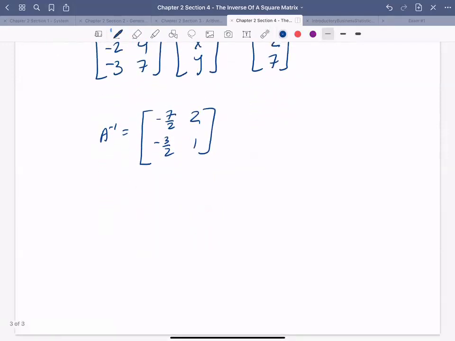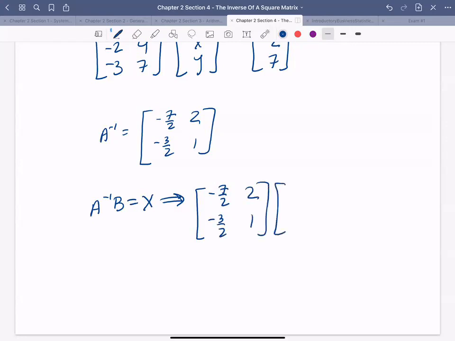So based off our definition, we know that the inverse of A times B is X, then we know that the inverse, -7/2, -3/2, 2 and 1, if we multiply it by the B matrix, which is 2 and 7, then we should be able to find out what x is.